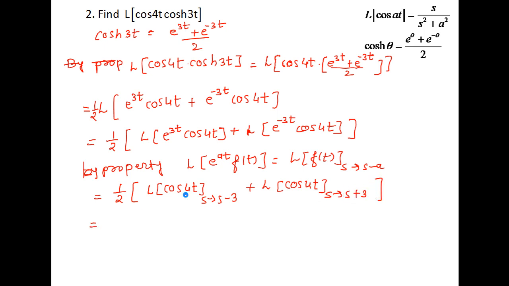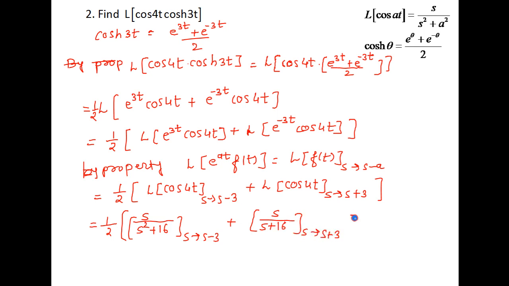And now finding the Laplace of cos 4t with the help of this result, we'll get 1 by 2 s upon s square plus 16, replace here s by s minus 3, plus s upon s square plus 16, and here replace s by s plus 3.